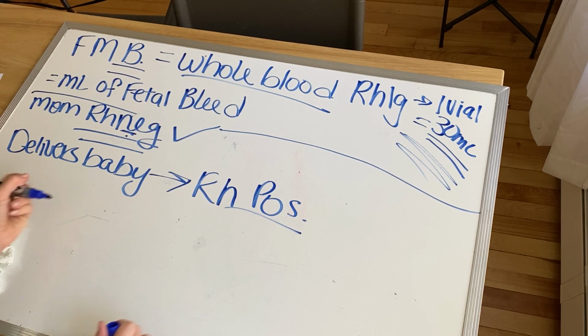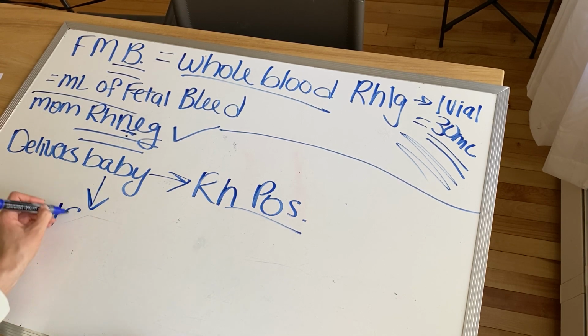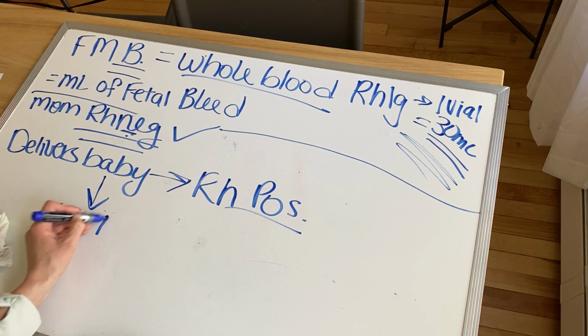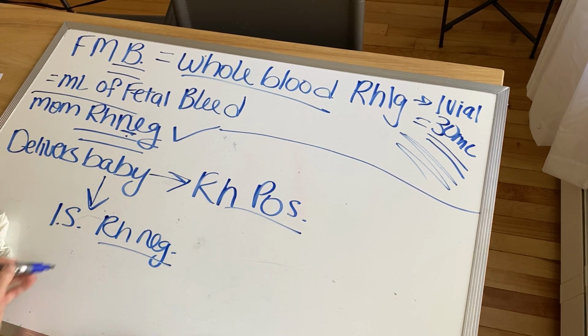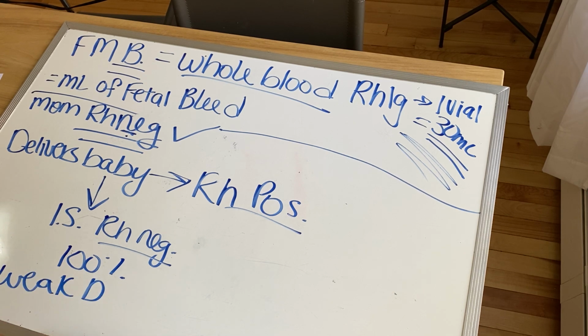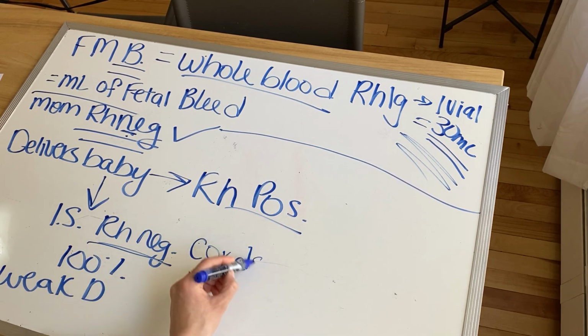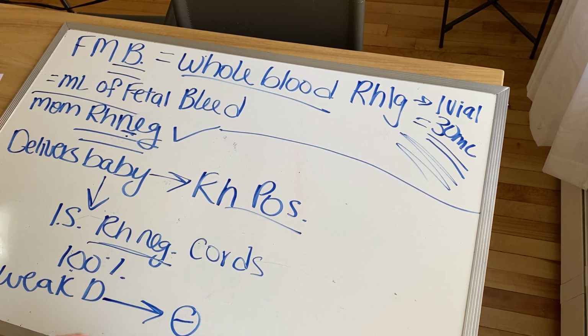So if the baby is born and at immediate spin, they look like they are Rh negative, that's fine at immediate spin, but we 100% of the time are going to perform a weak D on all Rh negative cords. 100% of the time you're going to do a weak D. If the weak D is negative, then the true Rh result is Rh negative. If the weak D is positive, then the true Rh result is going to be Rh positive.